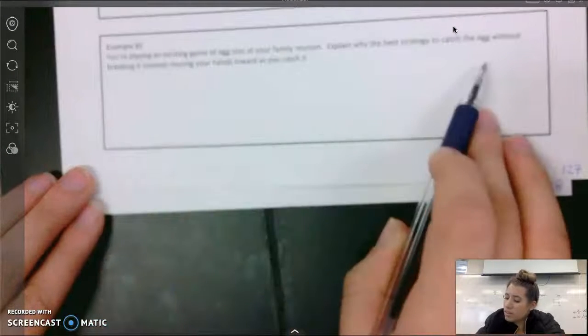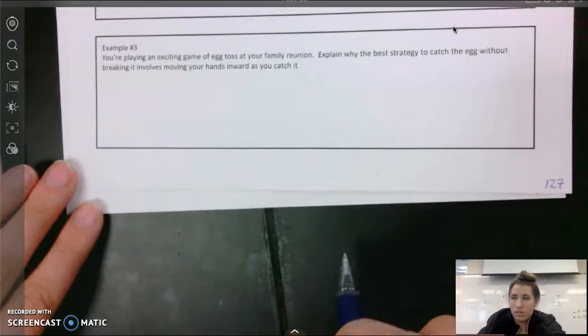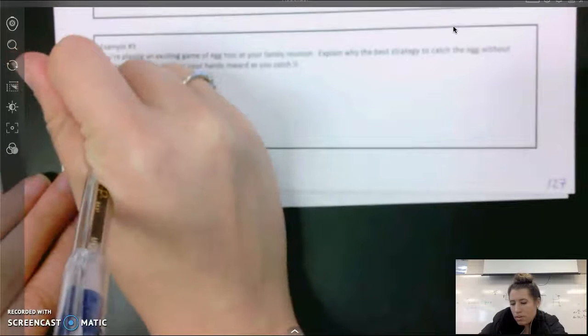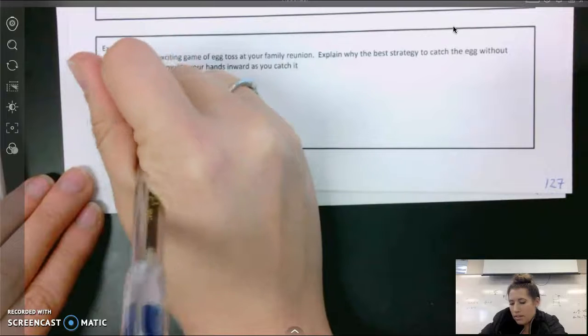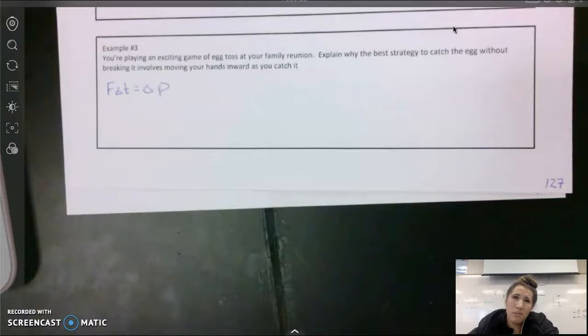Okay, so we know that impulse is a change in momentum, that force times the time that it's applied is equal to a change in momentum. And that change in momentum is going to relatively be the same, right? Because it's going from some initial velocity to 0 velocity. So we have this change in momentum. It has to come to 0.